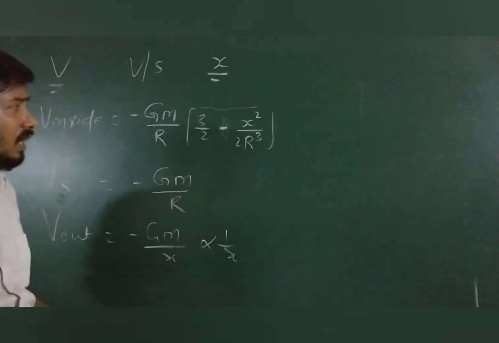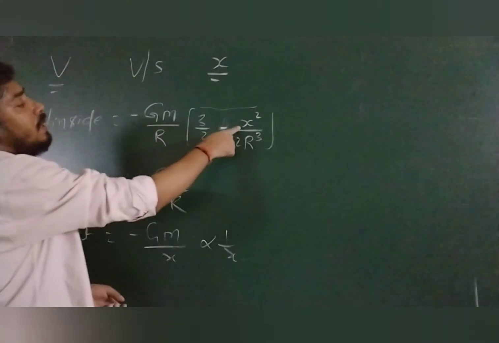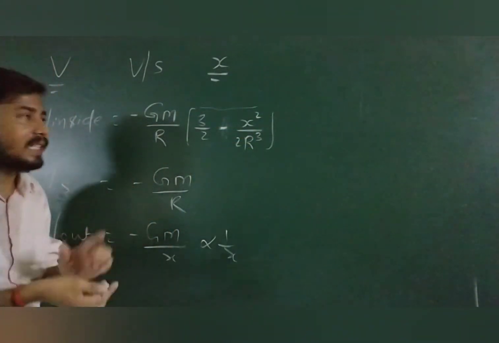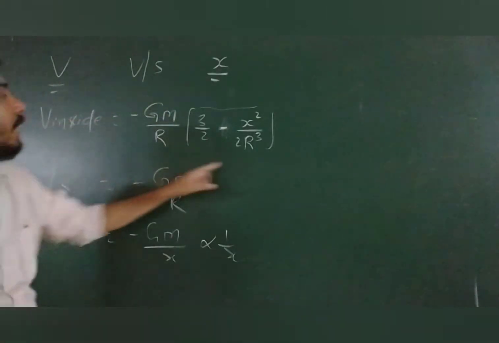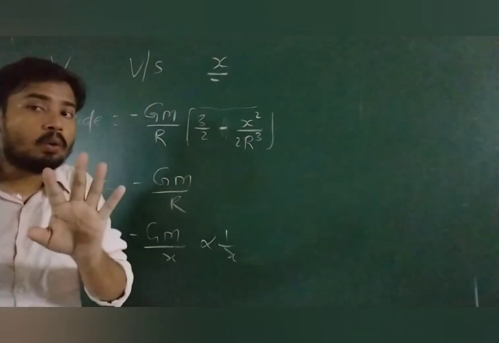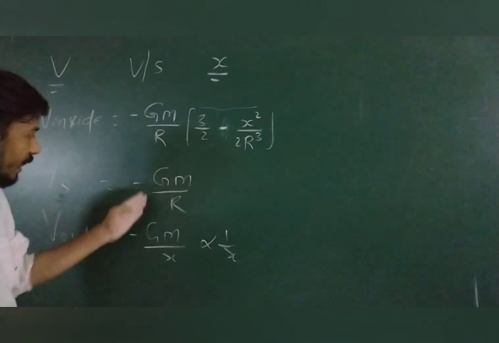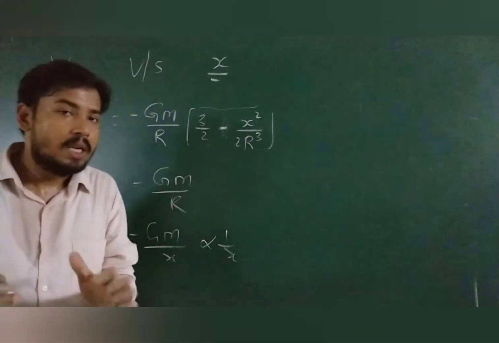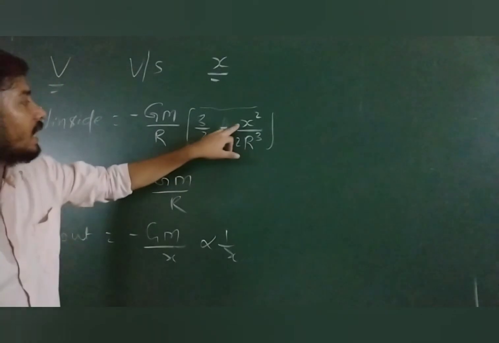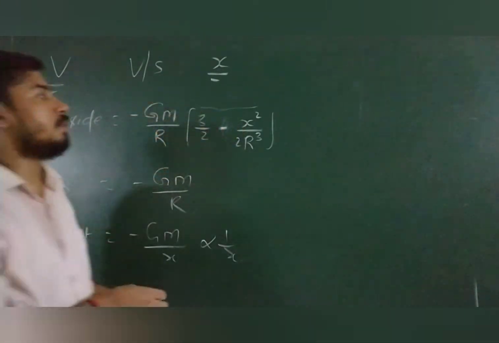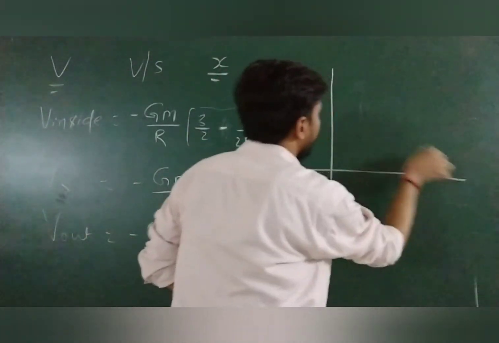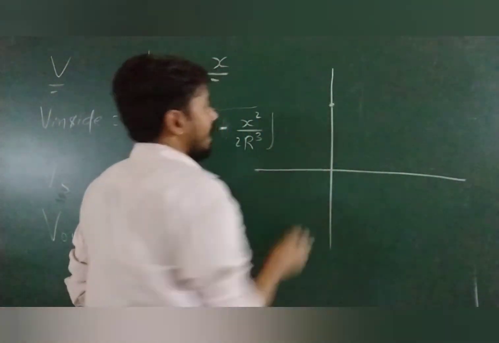It means when x is 0, this value will be maximum. Don't go on the negative; the negative represents the attractive nature. So forget the negative. If x becomes 0, then this becomes maximum. It means potential will be maximum at the center.